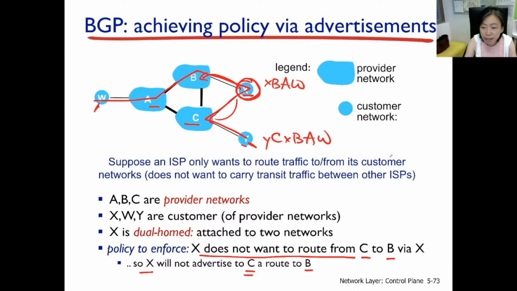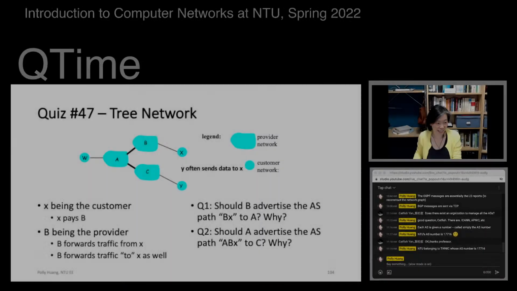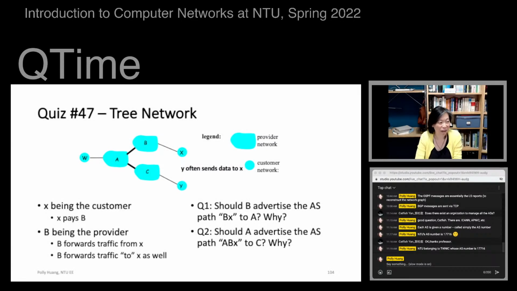So again, money is the issue. X is not getting any money from C or from B. Therefore, X is not happy transiting traffic for these other ISPs or even for other customer networks not paying. So bottom line, dollar sign. Because an ISP is a business.